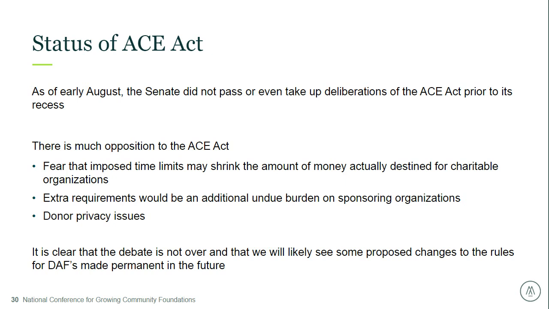Certainly the debate is not over, and from the history that I talked about when we started the conversation today, there's definitely the feeling of a need to make some additional requirements and rules with respect to donor advised funds. So I think that will happen in the future, and I think that the ACE Act really tells us where people might be headed with respect to imposing law.